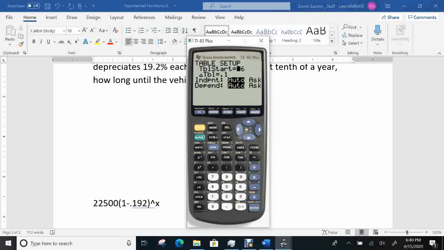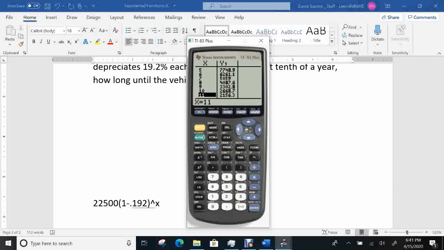That would take me a while. So I'm going to have it start back at 0 and change the table back to going by ones. That's going to let me figure out about how long until I get to that 2,300, and that occurs sometime between year 10 and year 11.